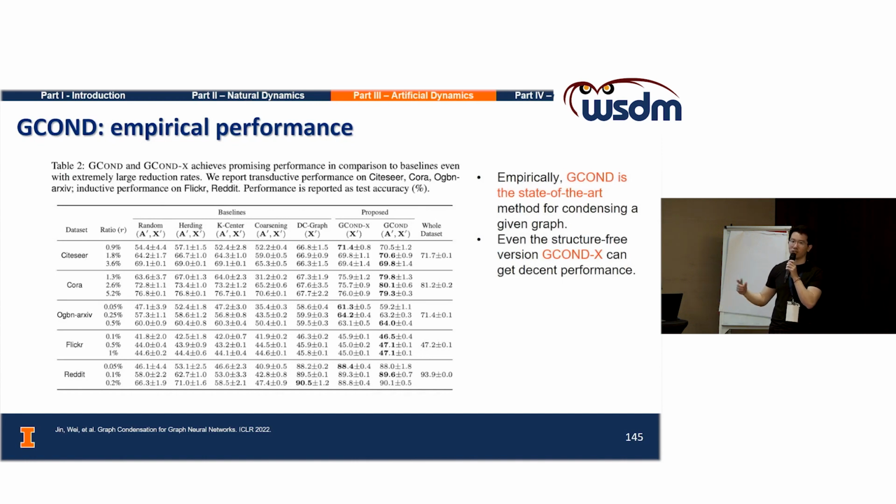They usually select those central nodes, or some important nodes from the given graph, to shrink the size of the training graph. And they find that this data-driven method gets the best performance. And even the structure-free version, which I mentioned, which directly learns tabular data from the large graph data, can still get very good performance compared with all the baselines.